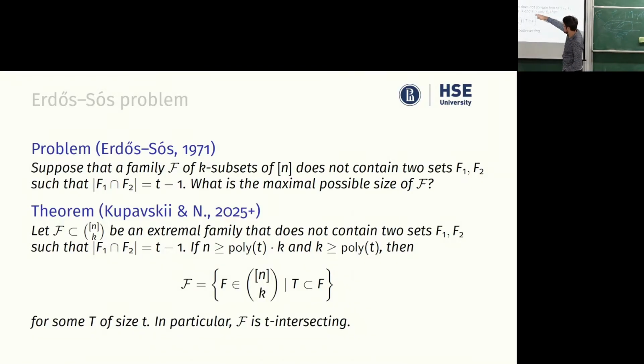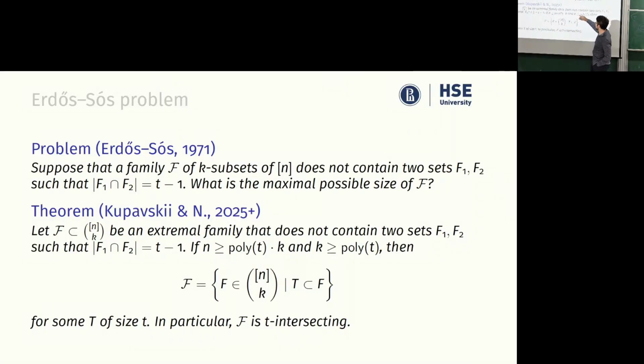But in our result with Andrei, we showed that if n is at most polynomial in t times k, and k is at least polynomial in t, then F is just a trivial t-intersecting family. So we take all sets of n choose k that contain some set T of size t.